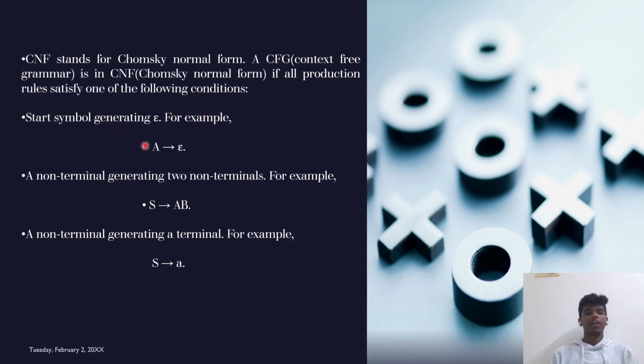For example, A defines epsilon, or maybe any symbol defining epsilon. A non-terminal generating two non-terminals. For example, S defines AB. In this form, it is said to be in CNF. A non-terminal generating a terminal. For example, S defines a, where S is a non-terminal symbol and a is a terminal symbol.